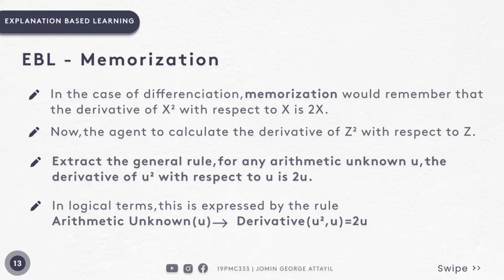So this is the general rule of differentiation that we need to memorize. In logical terms, this is expressed by the rule: arithmetic unknown of u gives derivative of u square u equal to 2u. So this is the generalized rule of differentiation.